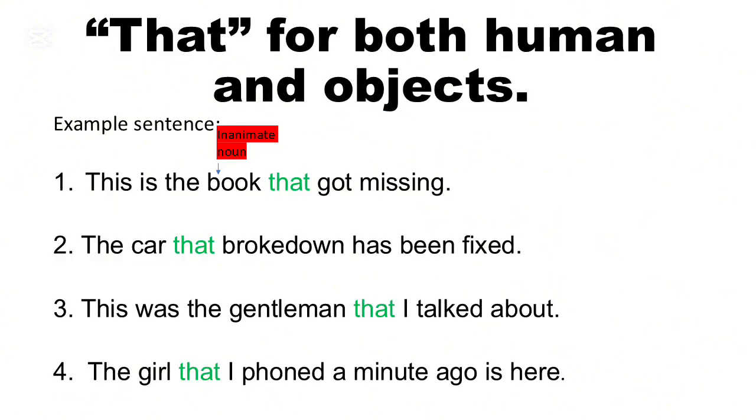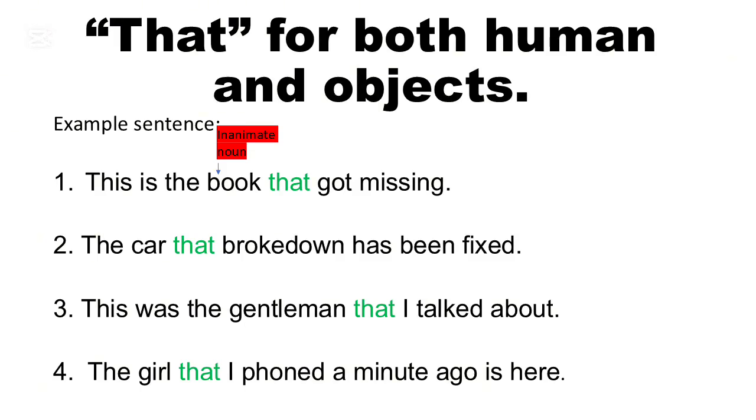How about that? For that, it's so easy and simple because that is used for both human and objects. Sentence examples: 1. This is the book that got missing.